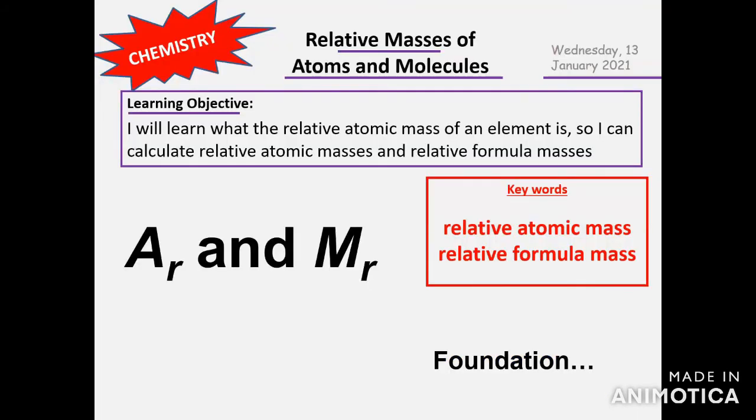So we're going to look at these two symbols and what they mean. So remember, this is our relative masses of atoms and molecules, and we're learning about the relative atomic mass, so we can then calculate or deduce the relative atomic masses and relative formula masses. So the first bit is nice and simple, hopefully.